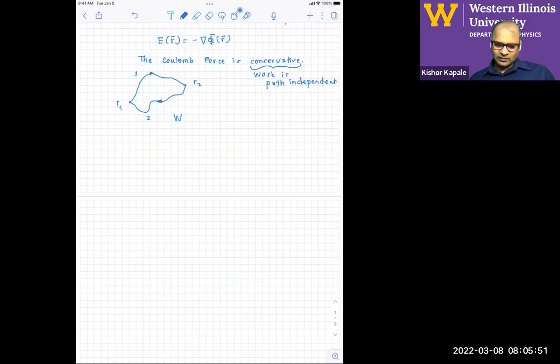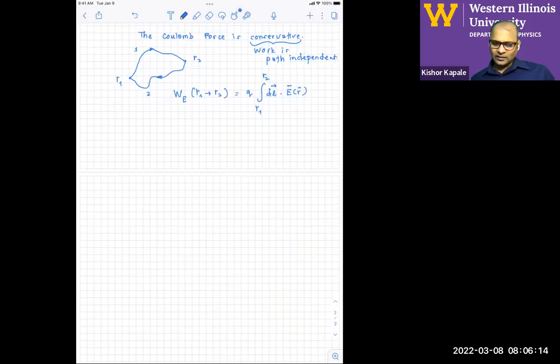So the work done by the electrostatic force when you go from, let's say, R1 to R2 is going to be Q times the integral from R1 to R2. It's going to be naturally an integral along the path of dl dotted with E. Everybody with me so far? Okay, and then now we can replace E with negative gradient of phi.